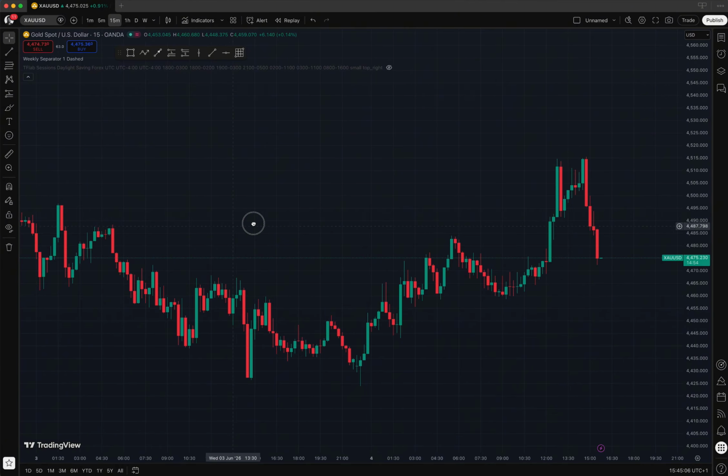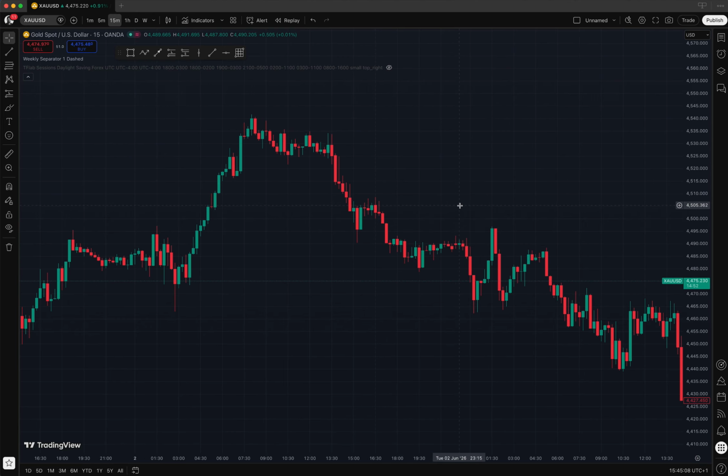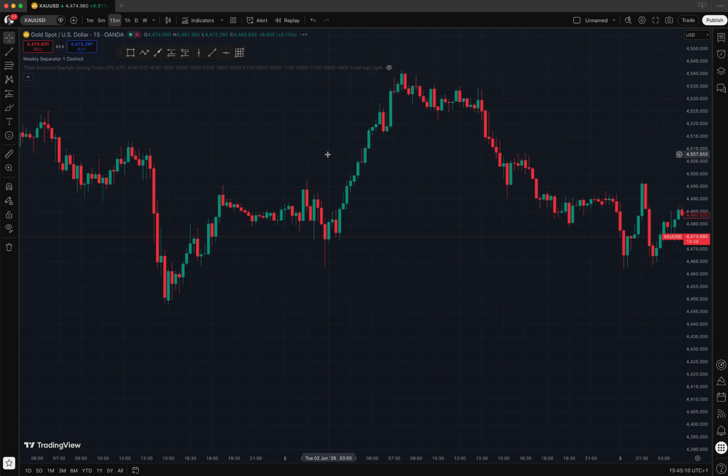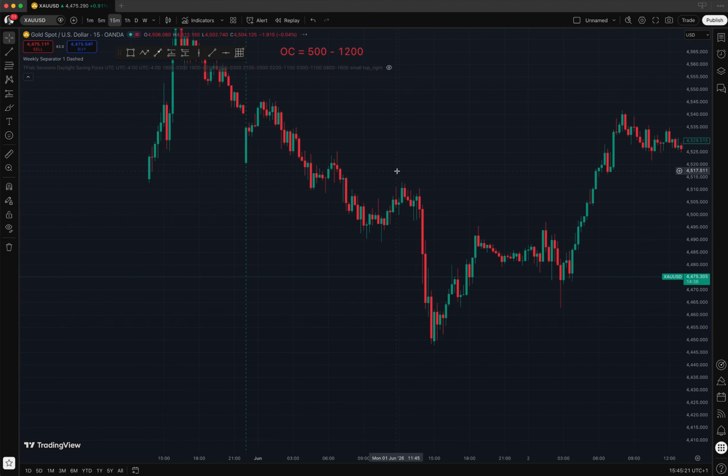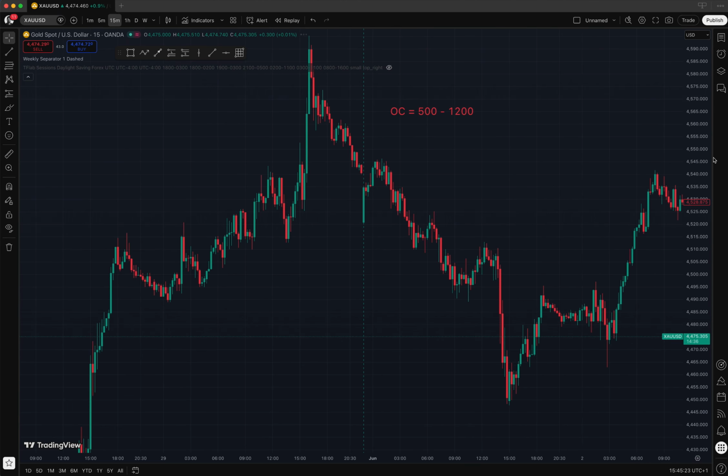But the strategy applies to any kind of graph anyway. I trade specifically gold for personal reasons. So this strategy is the 4-candle cycle, it's called, and I will show it to you straight away.